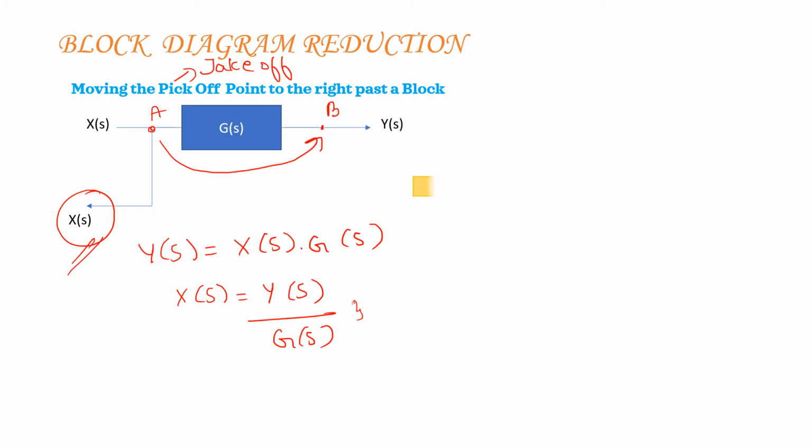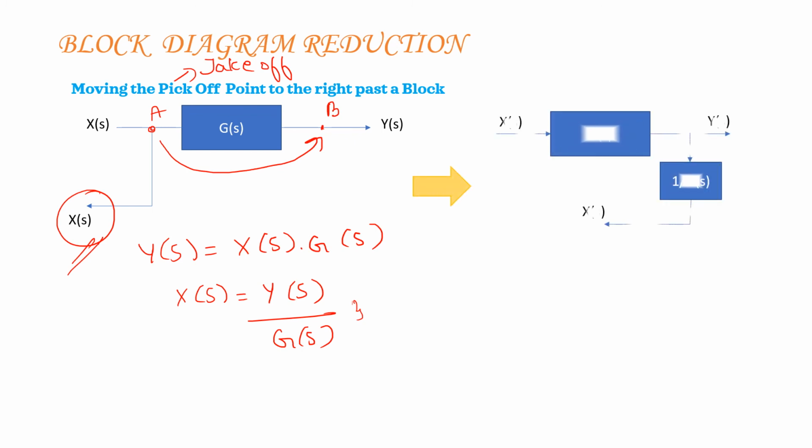So here we add a block. What is that block? The block which is added is equal to 1 by G(s). So this is point A, this is point B. We have shifted the takeoff point from point A to B. What should remain unchanged?